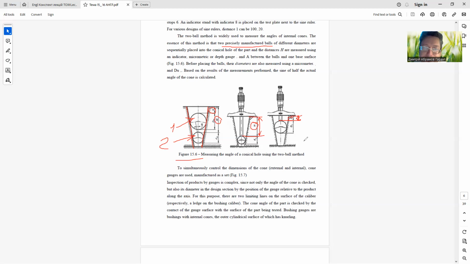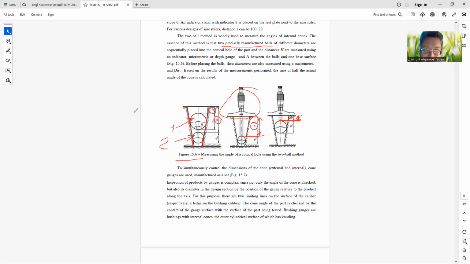So, these distances h are measured using the indicator, or micrometric or depth gauge, and A between the balls and one base surface, like in figure 15.6.